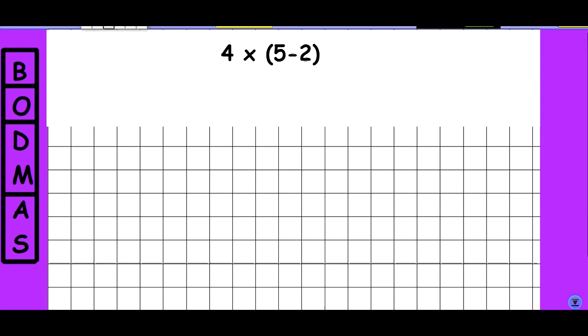We can see here, this problem, 4 times (5 minus 2), we can see a set of brackets in that. Now if we look over to the side of our screen here, we can see brackets are the first thing that we do. So I'm going to start by writing out the full equation. 4 times 5 minus 2, and the 5 minus 2 is in brackets. And that equals, well, what I'm going to do now is simplify it.